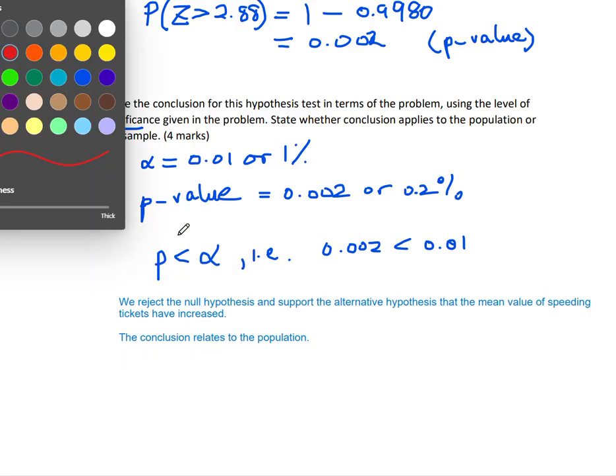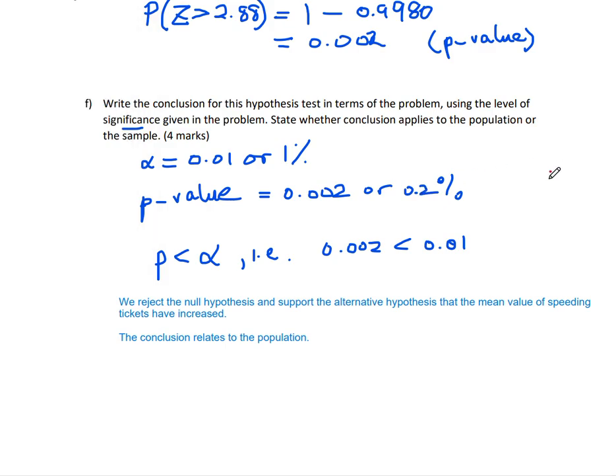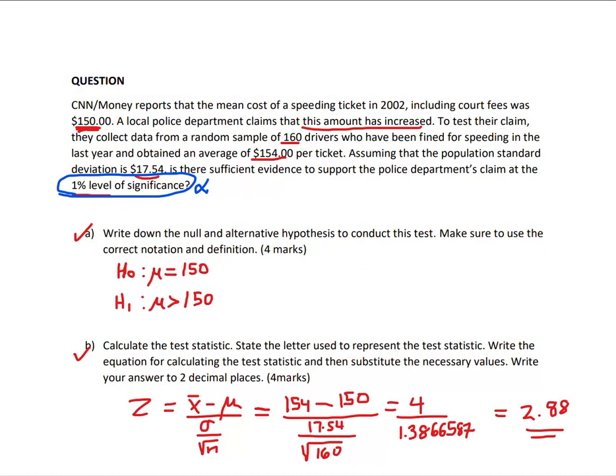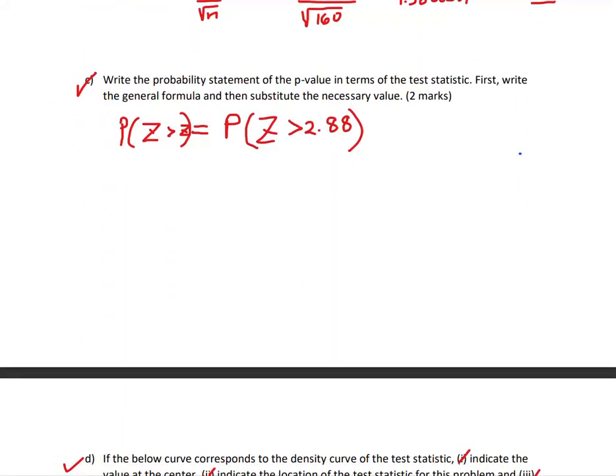If the p-value is greater than alpha, our conclusion would be that we fail to reject the null hypothesis. So the proposal made by the police department in such a case would not be supported.